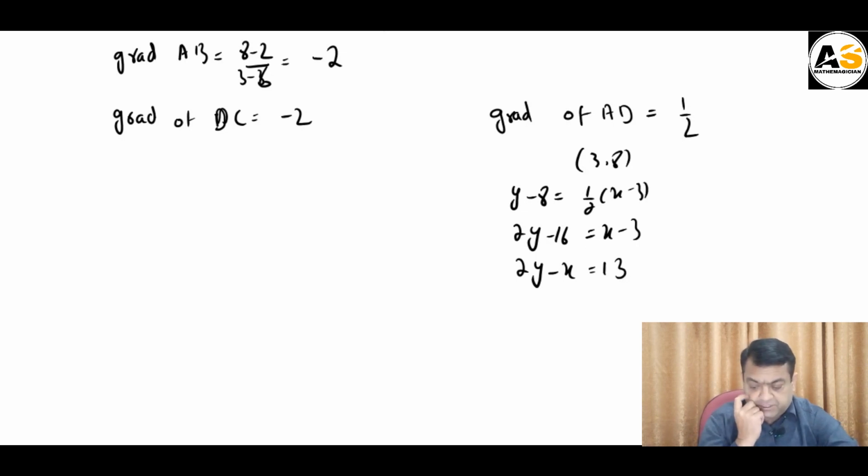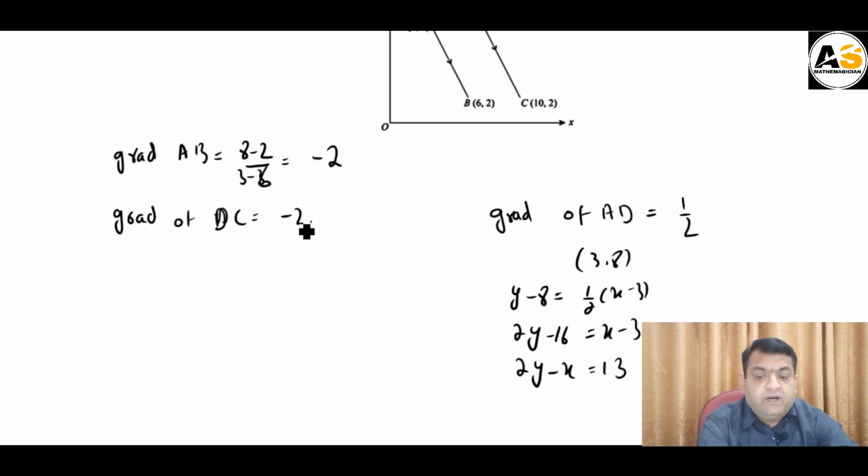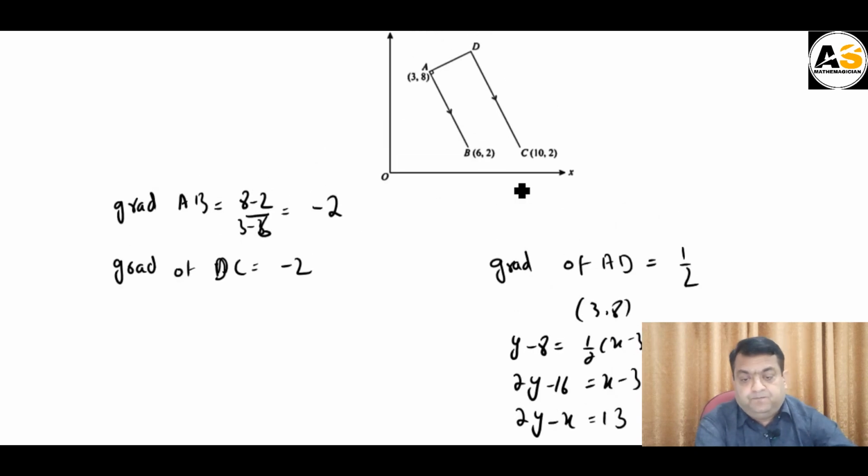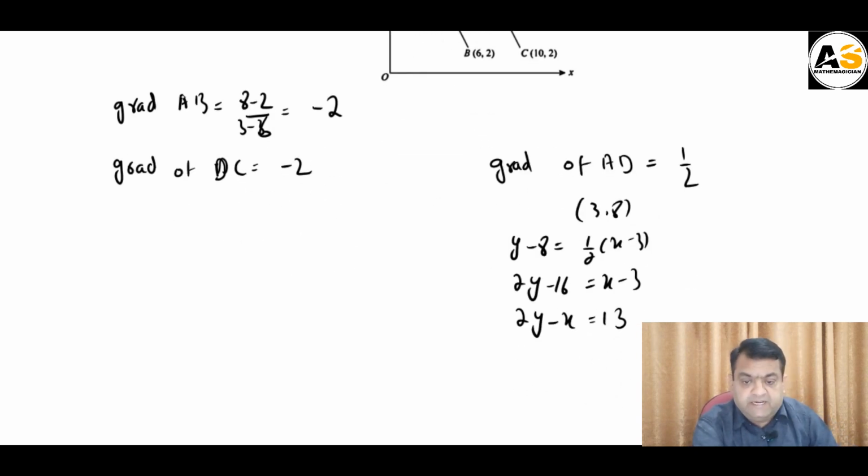This is the first equation. For the second equation, I will use this gradient, and the point used will be 10, 2.